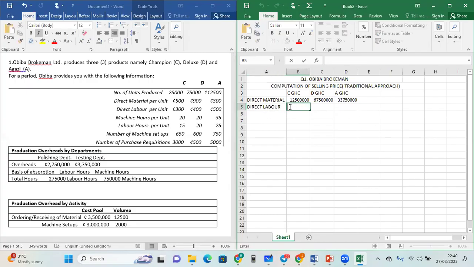Direct labor here, as you can see, is not going to be the cost per unit times the units produced because everything is given per unit.